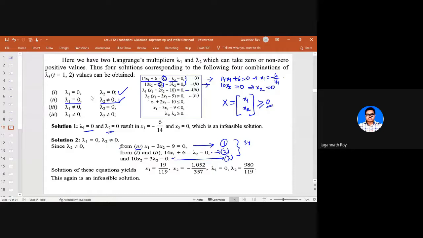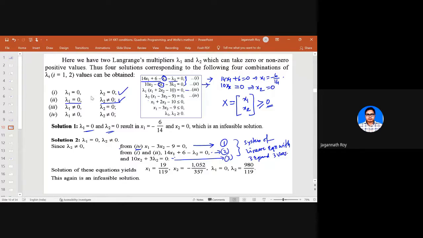Now, whether this is feasible, okay. In fact, we can find this system of linear equations with 3 equations and 3 variables.